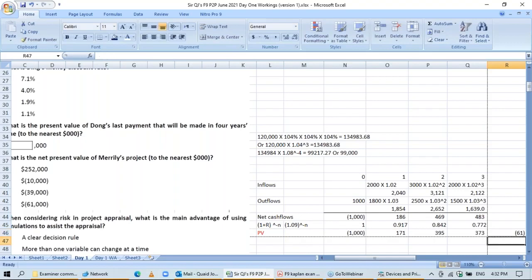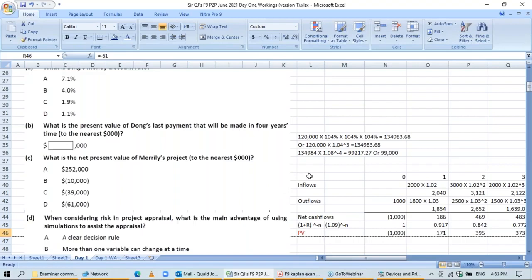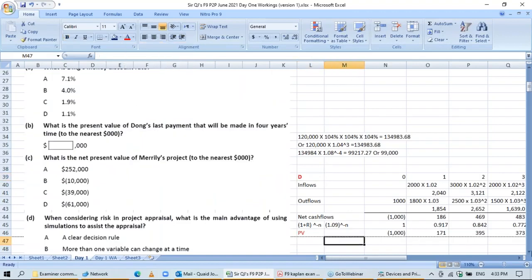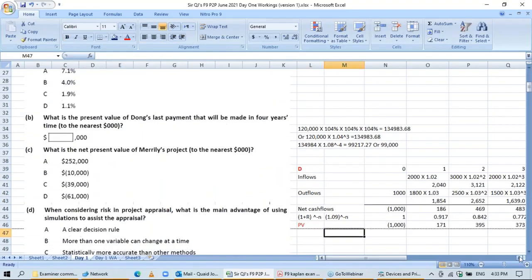The net present value is minus 61. So the correct answer to this question is D. NPV is minus 61.